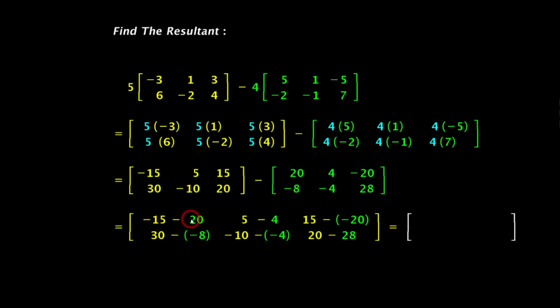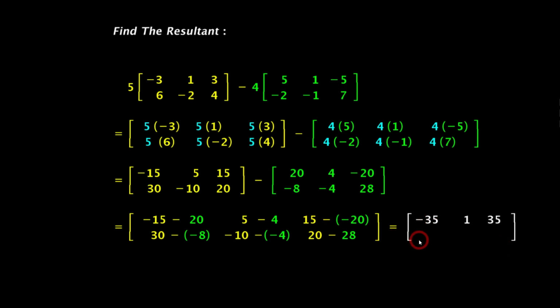Negative 15, negative 20 is negative 35. Row 1, column 1. Then we keep the same row and move to column 2. We will have 3 columns there. 5 minus 4, that's the middle column, column 2. The third column, the last column on the first row, 15 minus negative 20. So it's 15 plus 20, which is positive 35.